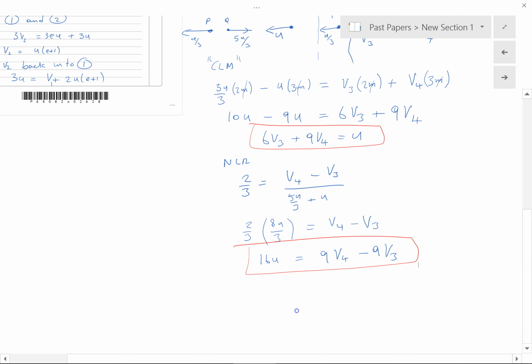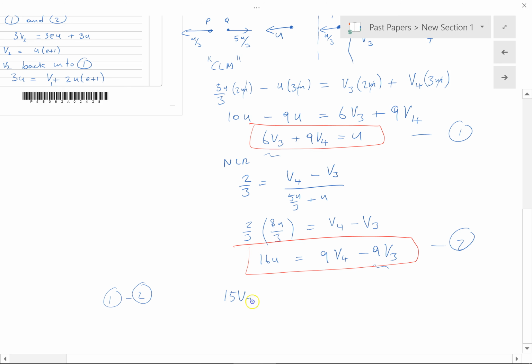Now if I call this number 1 and this number 2, and I do 1 take away 2, I'm going to have 15V3, because it's 9V3 take away minus 9V3.